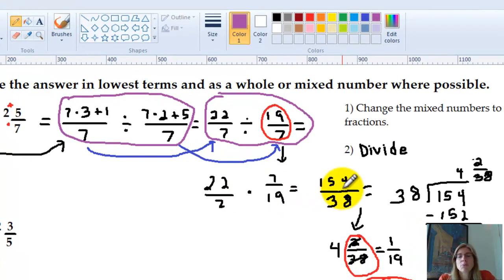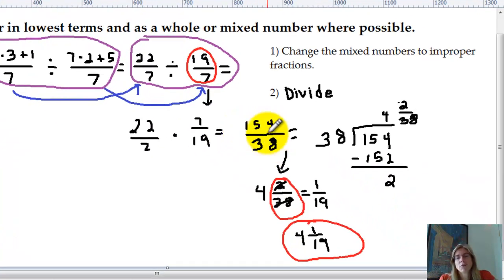And then we ended up with an answer that was an improper fraction, which needs to be written into a mixed number. So we divided 38 into 154, and we came up with the mixed number of 4 and 2/38, which we had to reduce the fraction of 2/38 into 1/19. So the answer is 4 and 1/19.